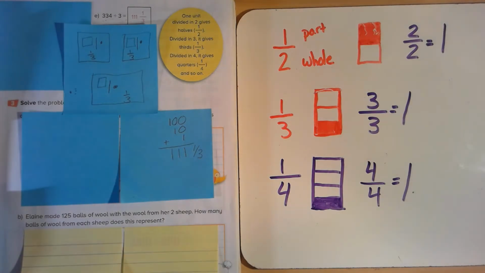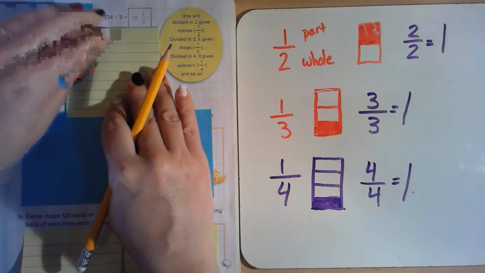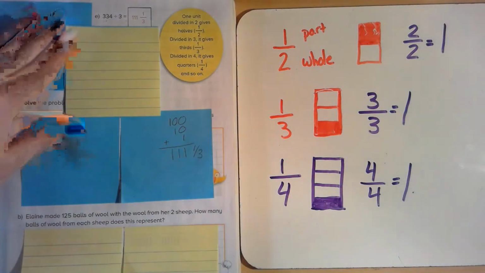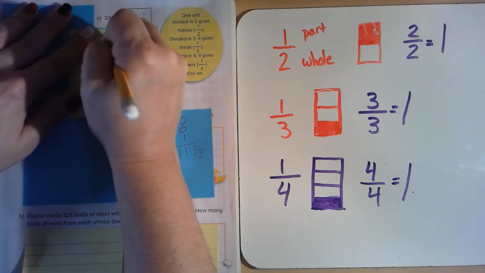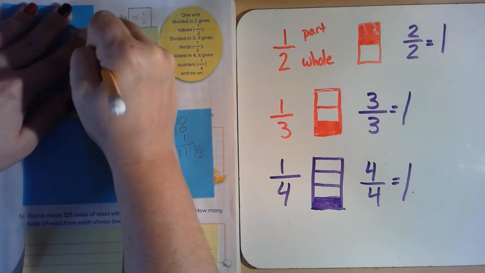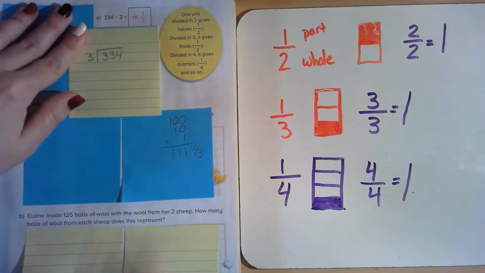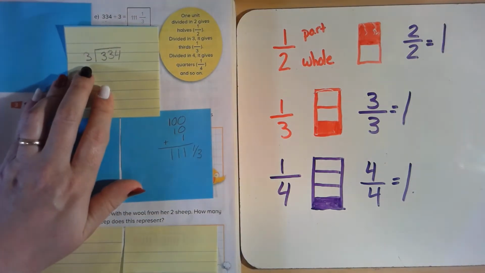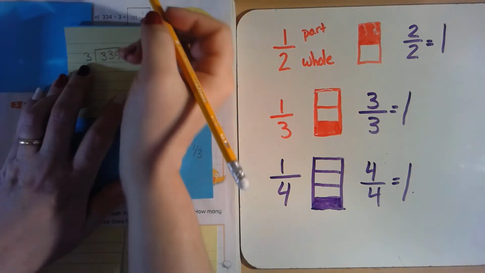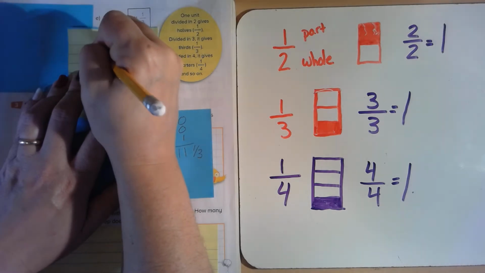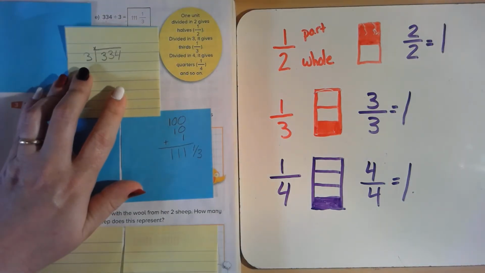Some of you might be like, well, how do you do that without drawing the base 10 blocks? You might have seen 334 like this, divided by 3. So your parents might help you at home and they say, okay, put the little X in the corner, because we remember that the opposite of division is multiplication.